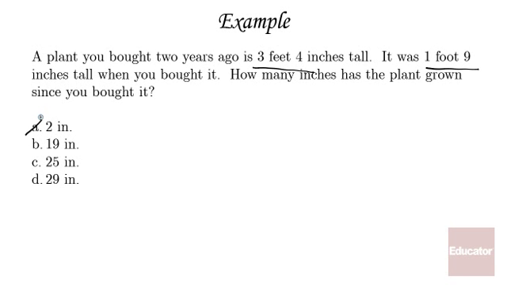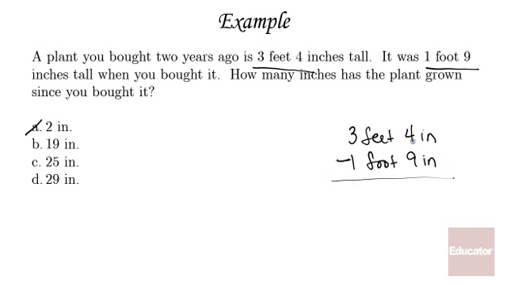So now that we've taken out the one that is definitely wrong, let's try to figure out the problem. So 3 feet 4 inches minus 1 foot 9 inches. Okay, so to take 9 inches from 4 inches, we need to borrow. But remember that we're using measurements.